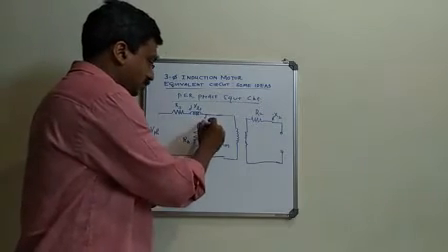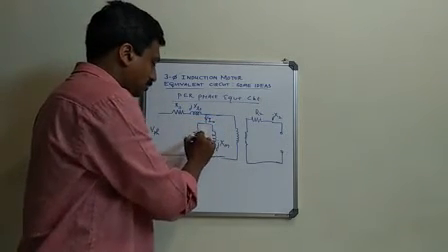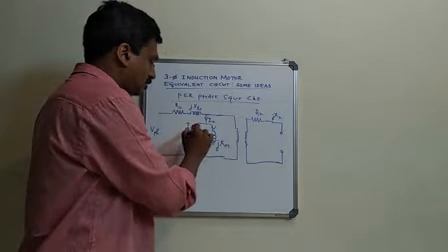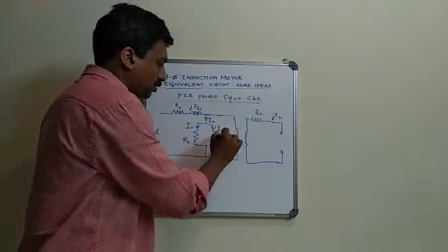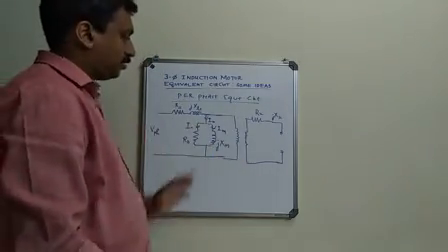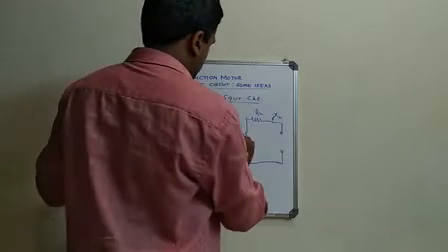I naught is split up into two parts: one for meeting the iron loss and one for magnetizing, Im or I mu, whatever.